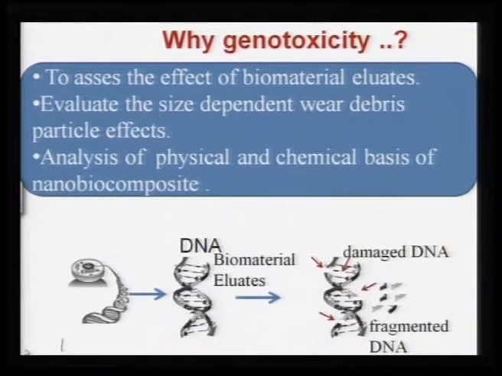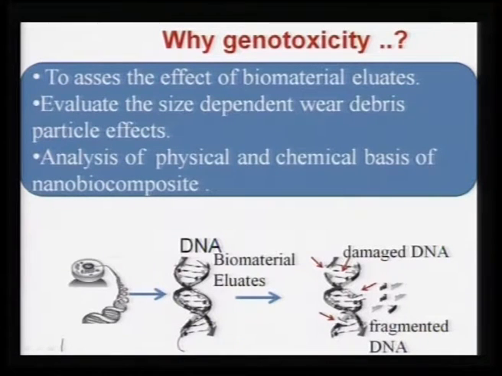Now, with a particular experiment I will show you how the DNA is damaged when these particles are in the culture medium where you are culturing the fibroblast cells or osteoblast cells. This is a typical double helix pattern of the DNA. When it is treated with biomaterial eluates, some breakage will happen in the double helix.